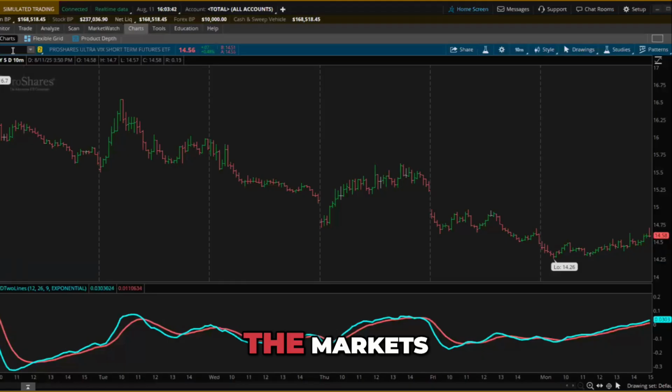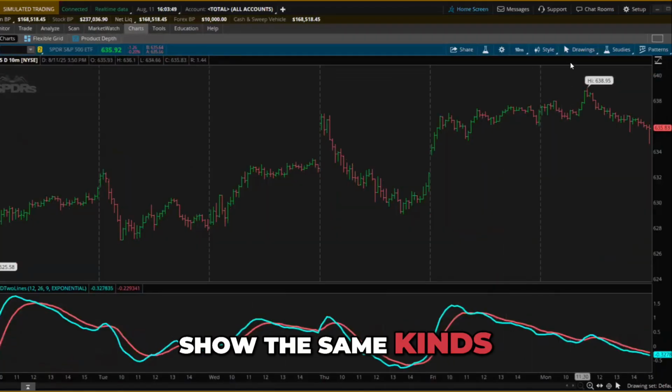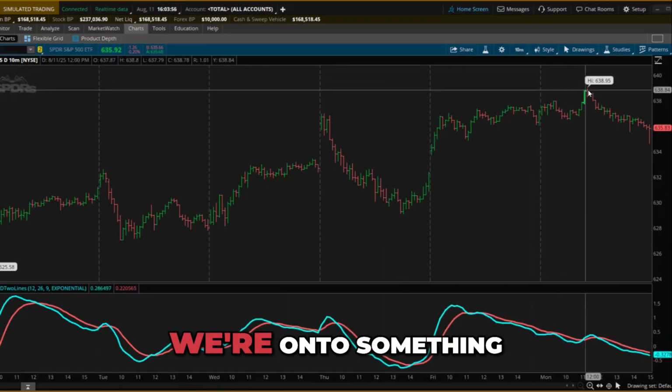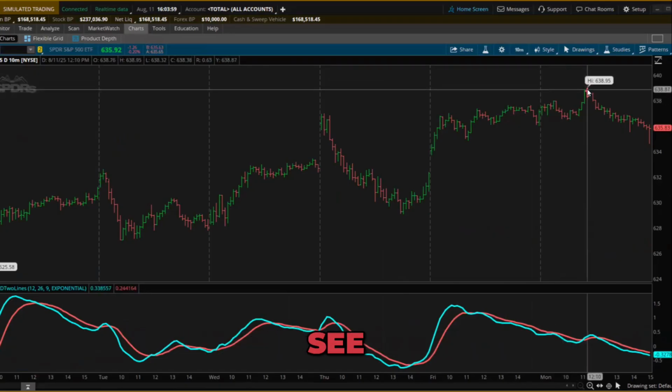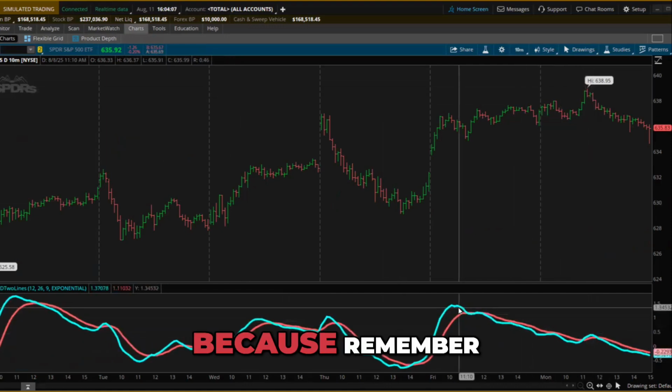So if the markets in their infinite wisdom show the same kinds of pictures at the same time, then we're on to something. See, here it is, 10 after 12. Well, pretty weak, wouldn't you say? Because remember, it's either or.